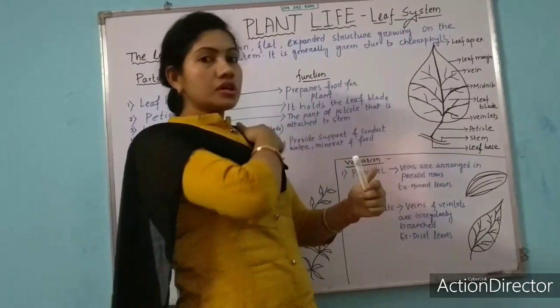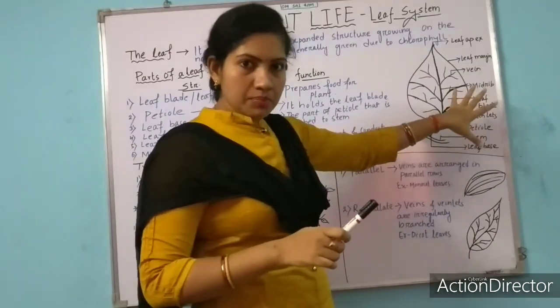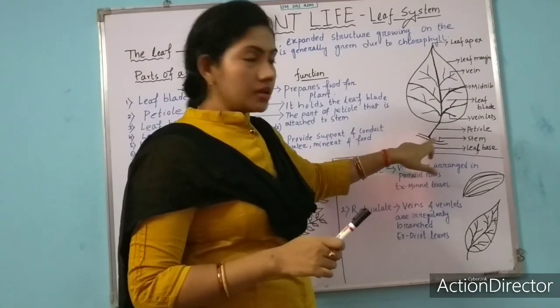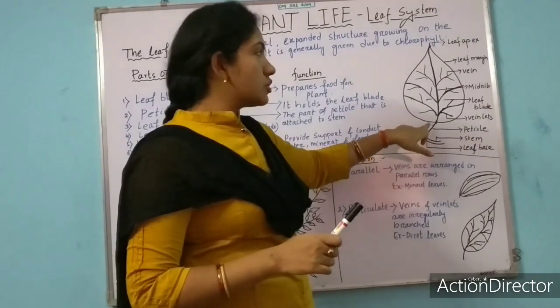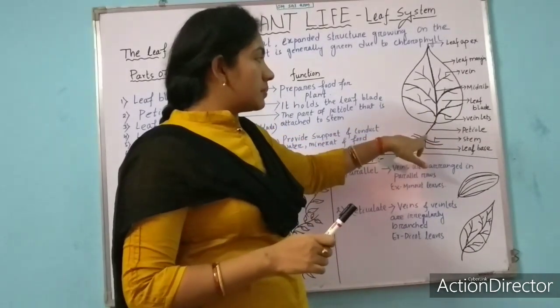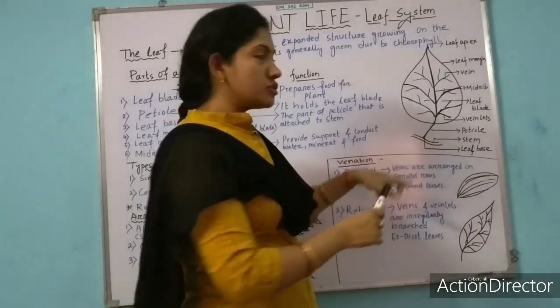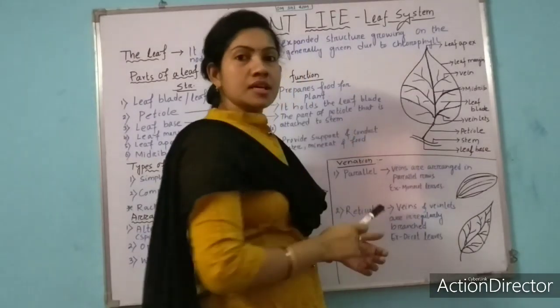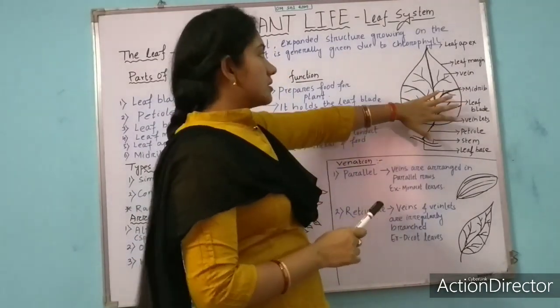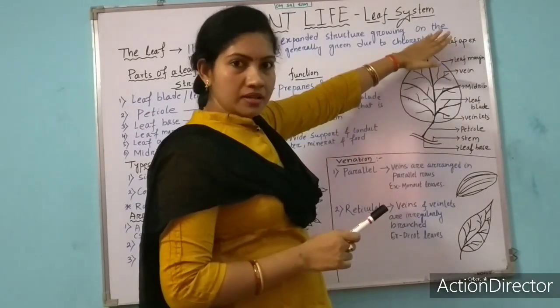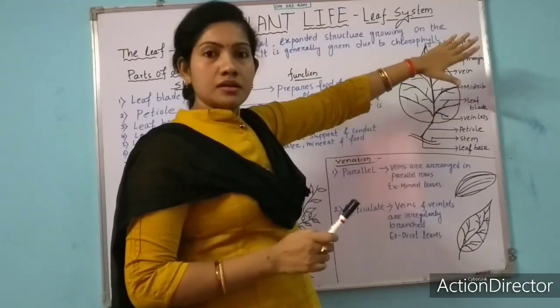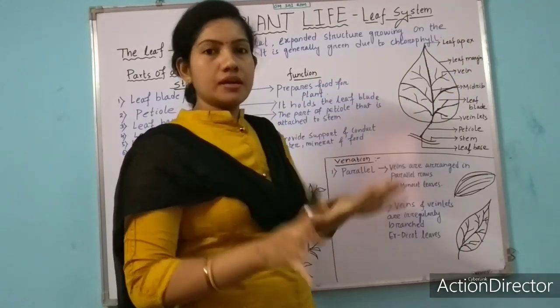So the structure of the leaf, again I am repeating: this is a stem, this is a petiole which holds the leaf blade. The base of the petiole which is attached to the stem, we call the leaf base. This is the fully expanded structure, we call it the leaf blade or leaf lamina.